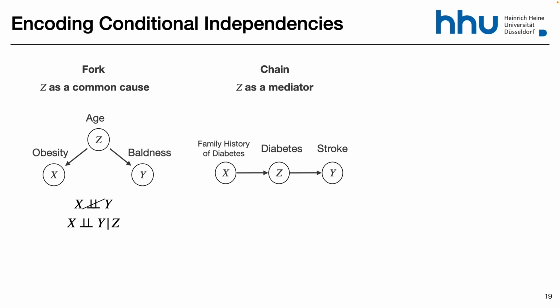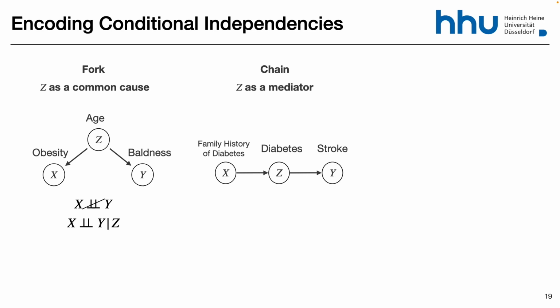But the influence of the history of his family doesn't matter anymore once I know that the person has diabetes already, right? So it doesn't matter if your father or mother has diabetes if I know you already have it. So by conditioning on z, x and y become independent.